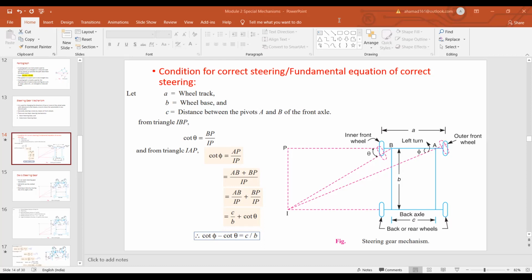Sir, for this KOM activity, how many student groups should it be? You can work in groups of two minimum and four maximum. We can take any mechanism and explain about it.